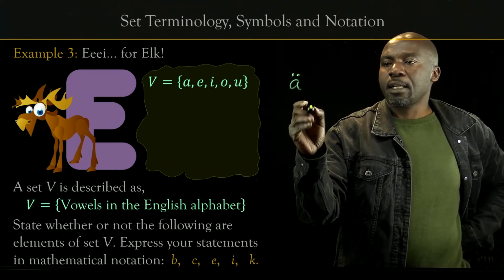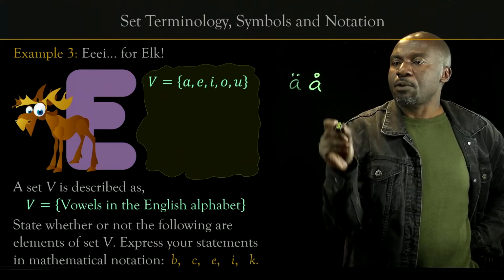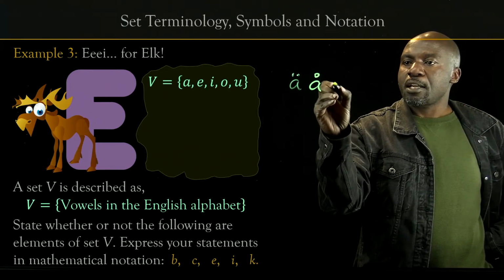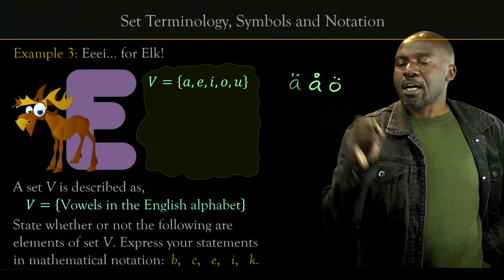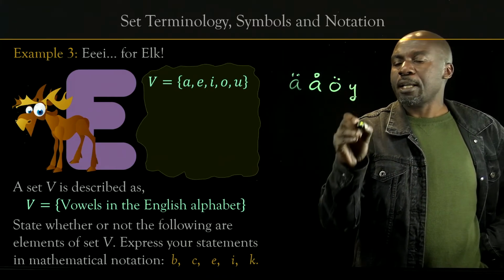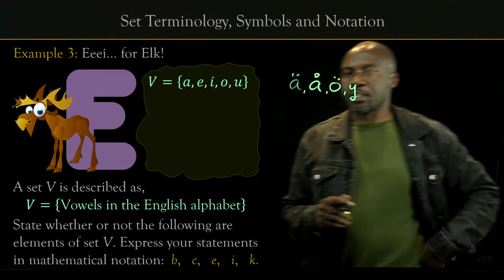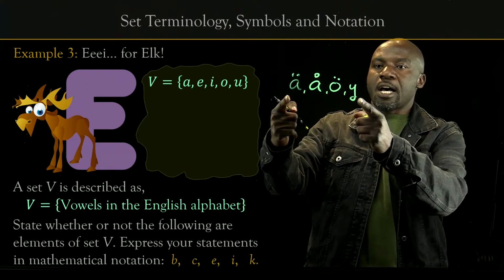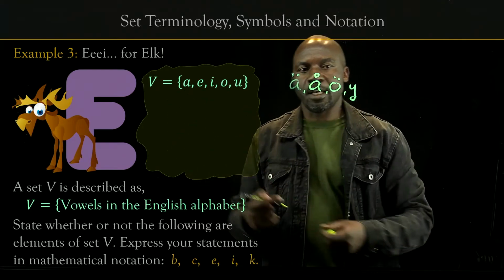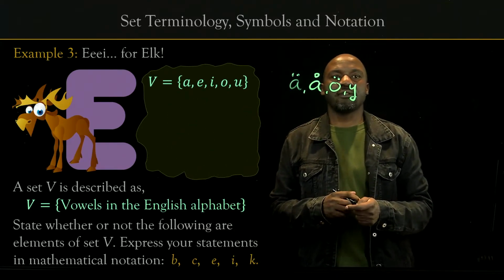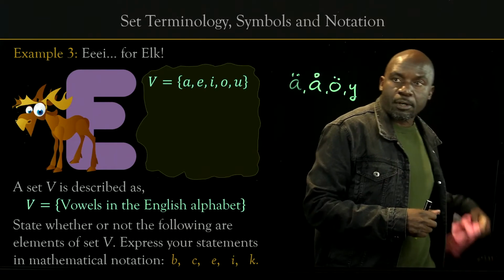So there is that. There is A with a circle on top of it. Then there is an O with 2 dots on it, and I think there is a Y also. And all these have got different pronunciations. So these are in addition to what we already have here. So in the Swedish alphabet, you have 9 vowels, okay?